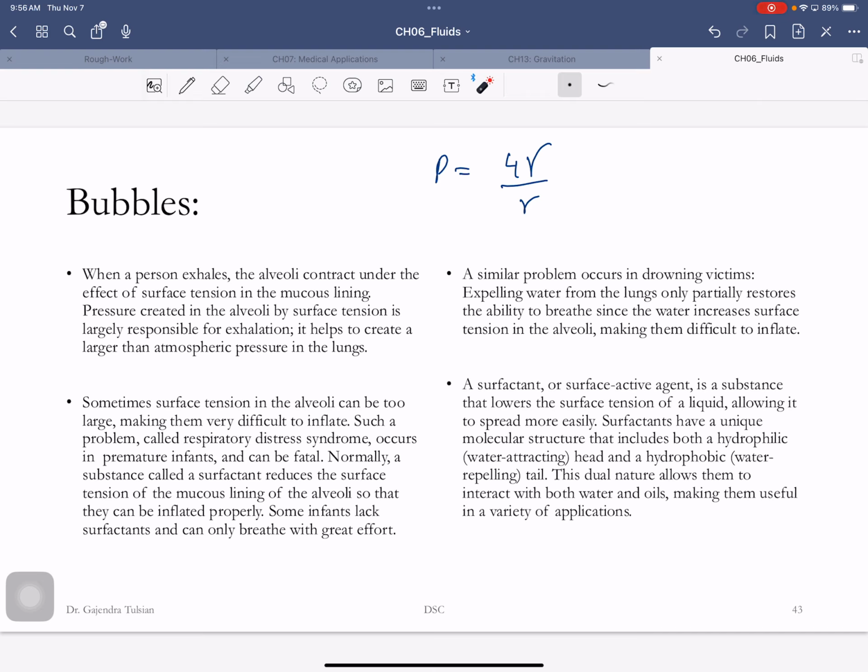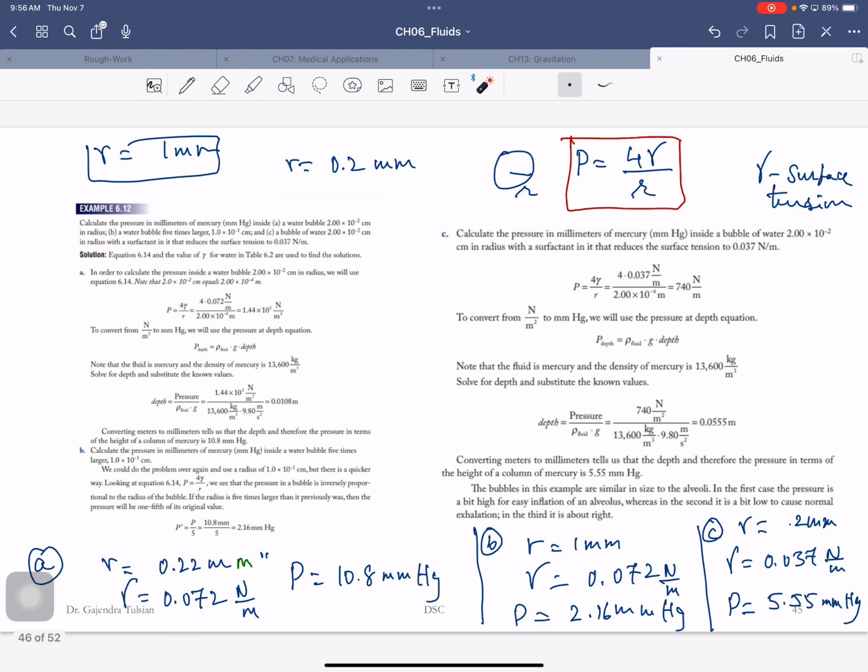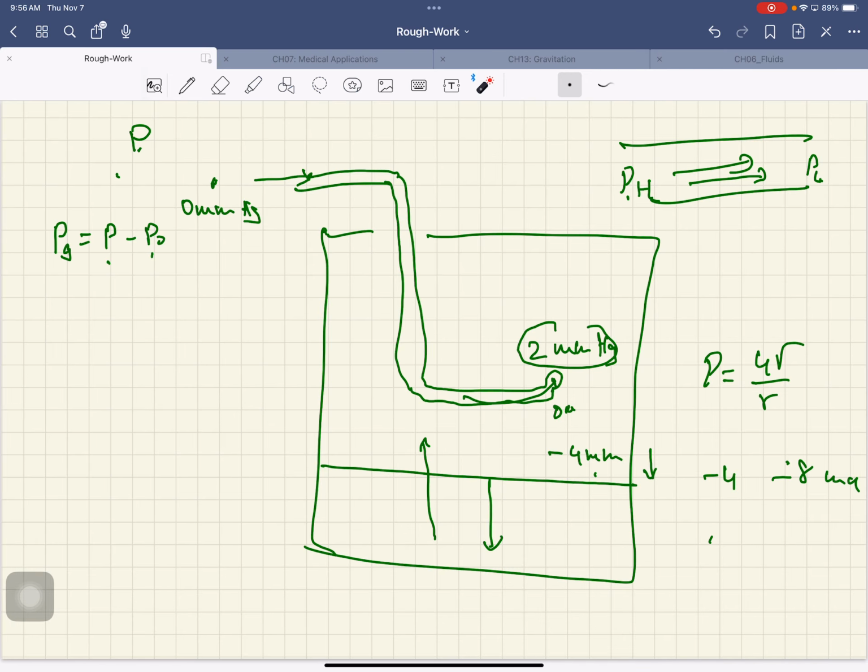Okay. So what is happening in their case is the following. This is the normal surface tension. This is the normal pressure inside the alveoli. In their case, the surface tension is higher. There's the normal pressure. Okay. So let's say the excess pressure is higher, what happens? If that pressure is 11 millimeters of mercury, now if this newborn baby is trying to breathe, you lower your diaphragm, and the pressure goes down to -8 millimeters.